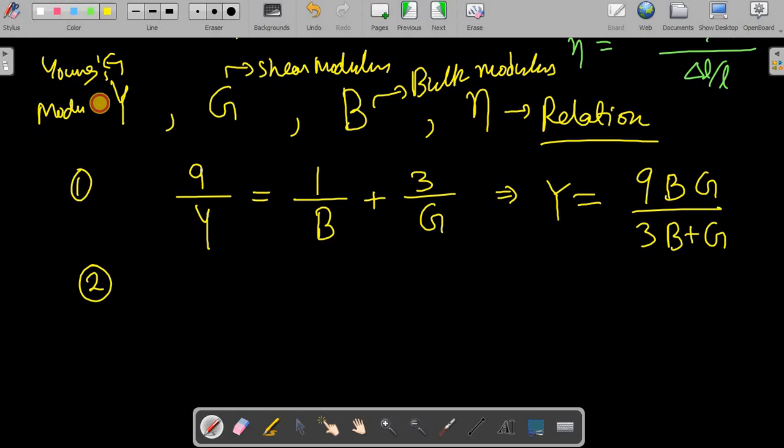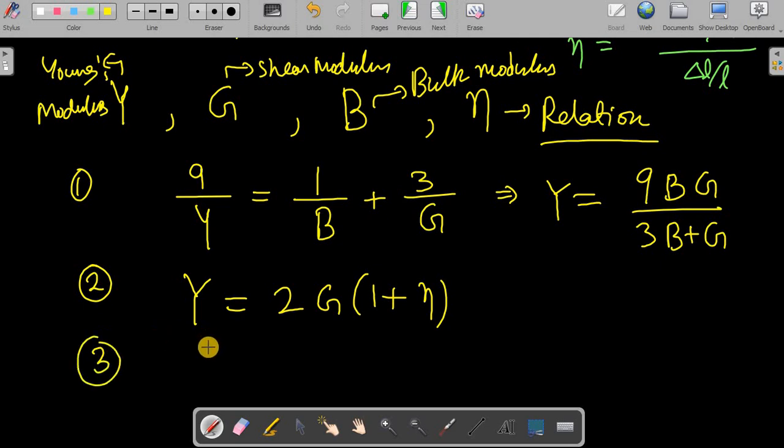Of course, these are not in the main question, but in case they come, you can note them. So Young's modulus is 2 times shear modulus times 1 plus Poisson's ratio. Then the third one: Young's modulus can also be written as 3 times bulk modulus times 1 minus 2 times Poisson's ratio.